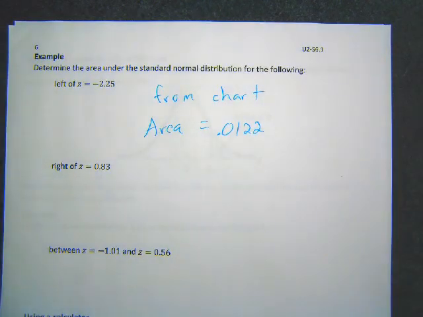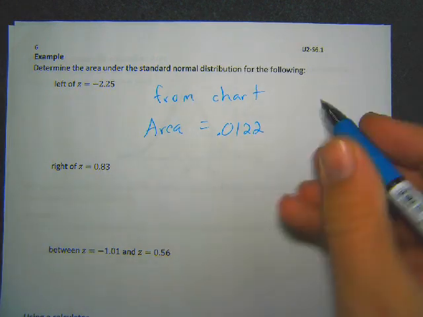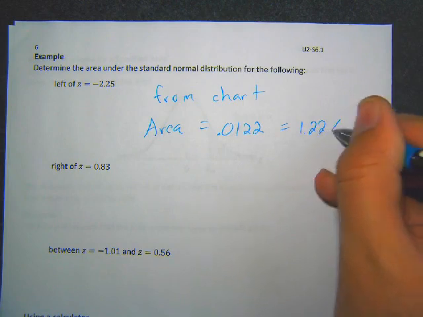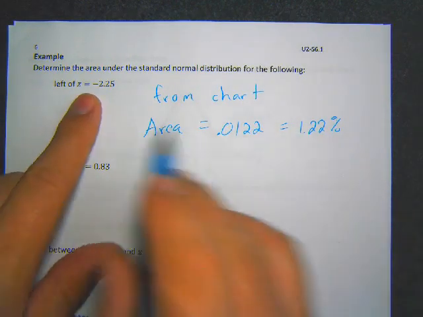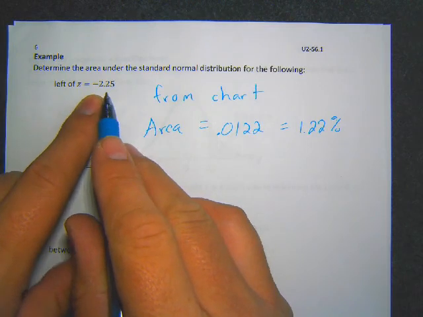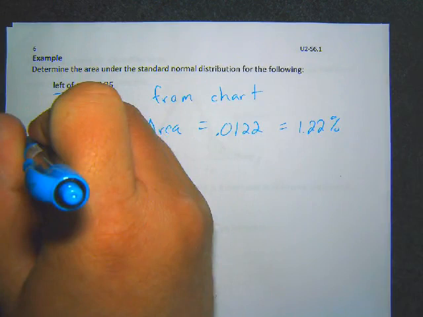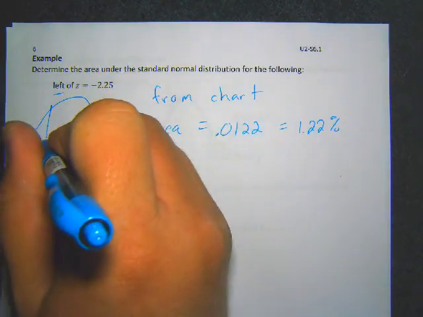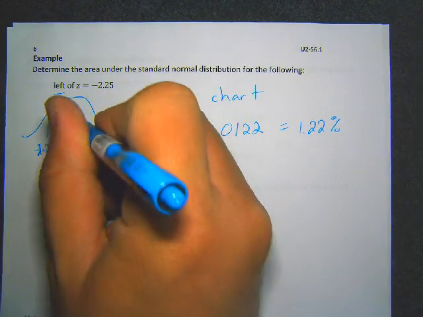So again, that area is the same thing as percentage or the probability. So if you turn this into a percentage, that would be 1.22%. So 1.22% of the results are going to be left of negative 2.25 on this standard normal chart. So again, left of means we're taking this z-score chart and we're putting a value down here, and I get negative 2.25 because it's to the left of the middle.